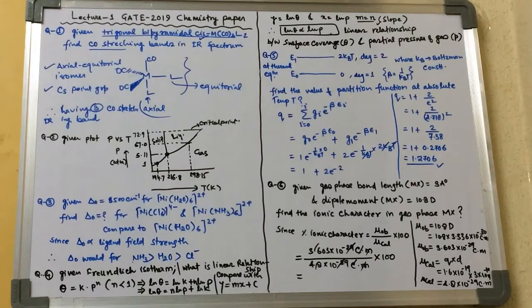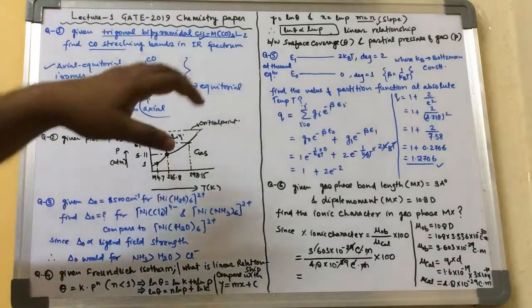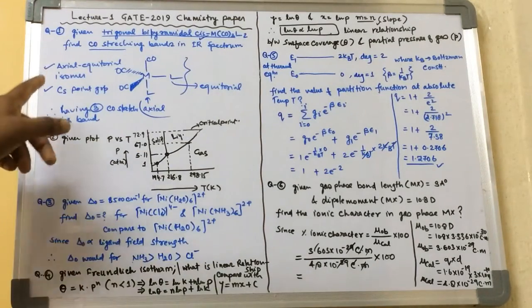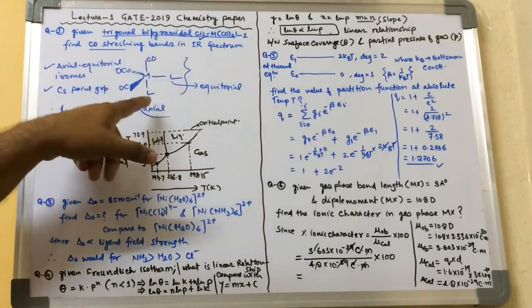How to find the stretching bands? First you draw the structure, meaning the shape of this molecule. Here it is mentioned cis, so according to this I draw this structure.